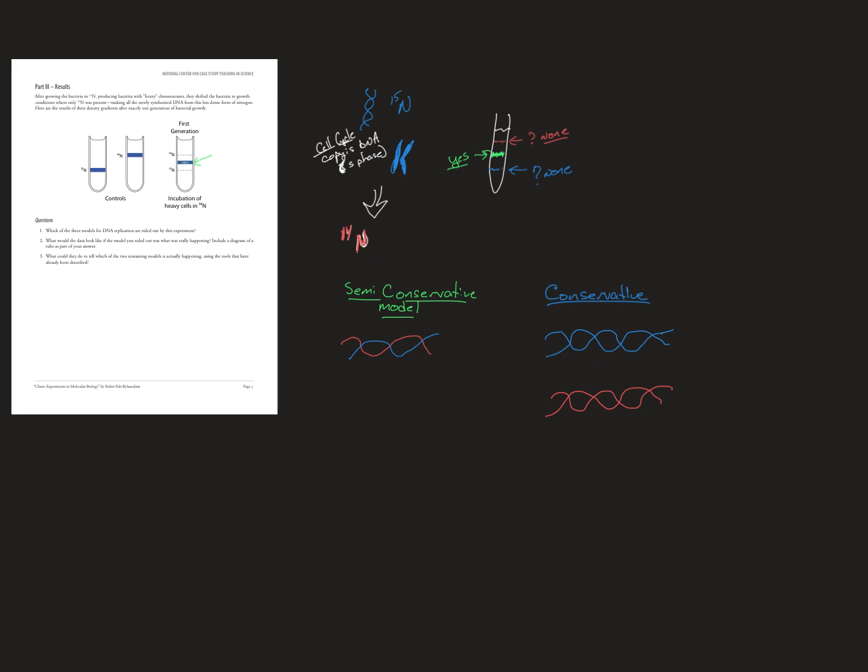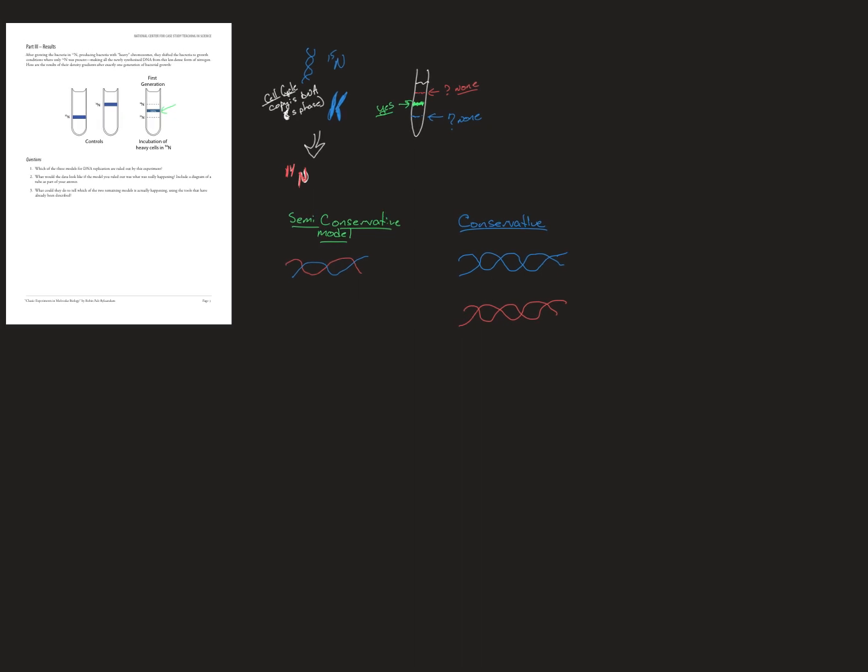So if the conservative model were true, we would expect a band at the lighter region of the test tube and one at the heavier region, because there's one chromosome made of nothing but heavy DNA and the other made of nothing but light DNA. So I'd expect two bands. So that would be conservative.